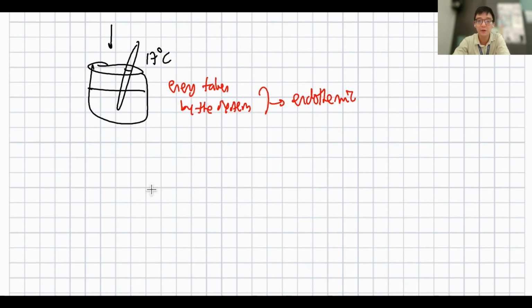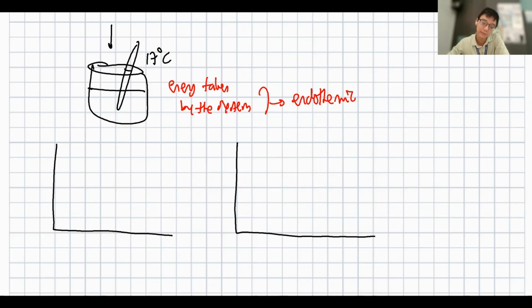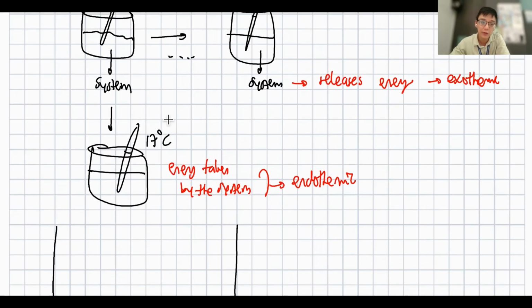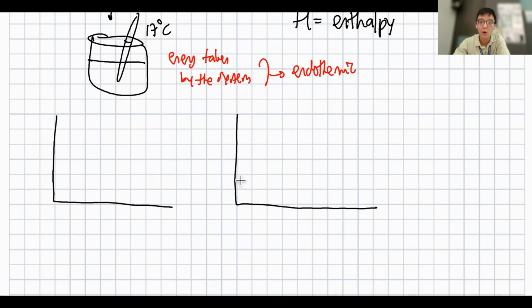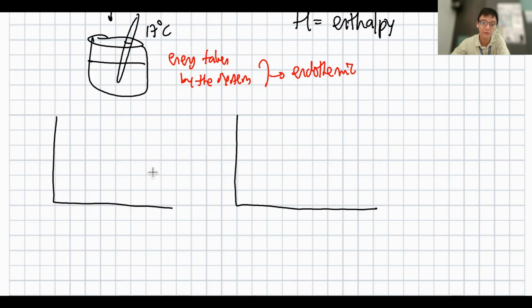Okay, now let's see this from an energy level point of view. Let's say that we have two graphs. The total energy of a system at one time is called enthalpy. All things have a certain potential energy, a specific amount of energy stored within them.